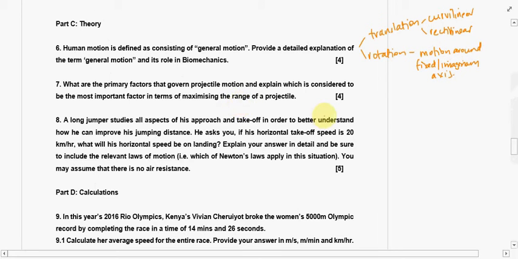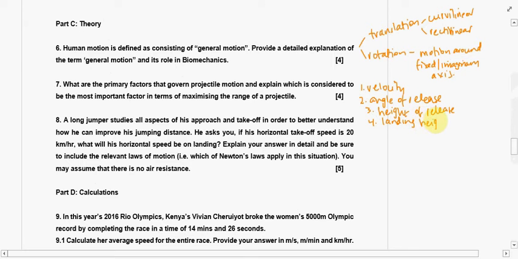Primary factors that govern projectile motion. There are 4 to 5 factors. One is velocity of release. Second is angle of release. Third is height of release, and how that impacts the previous two. The fourth one is landing height.